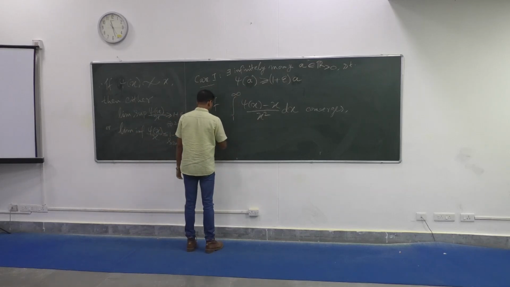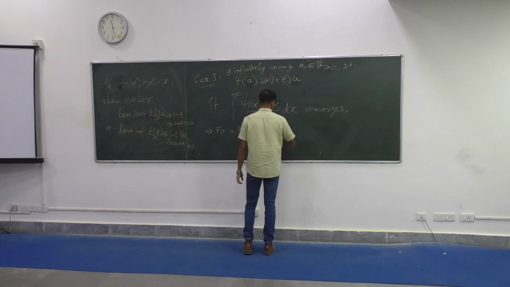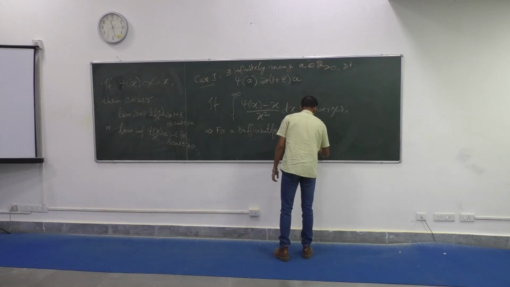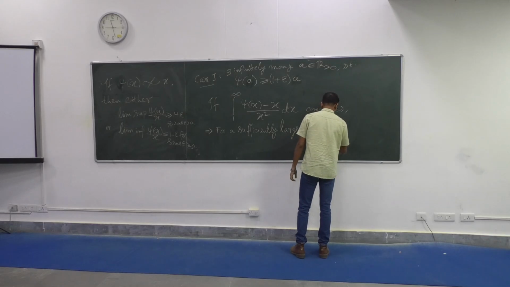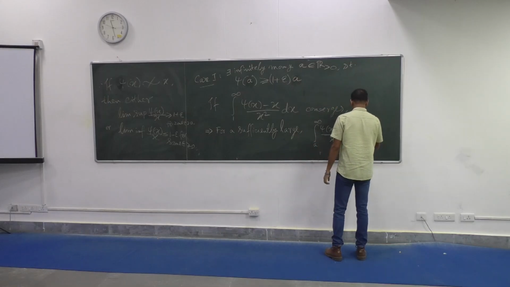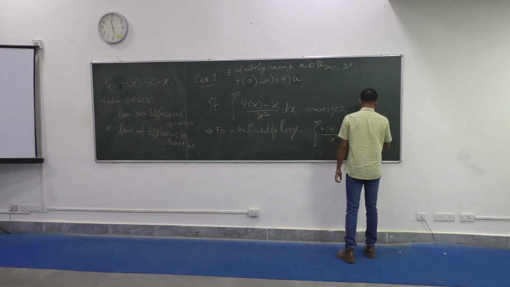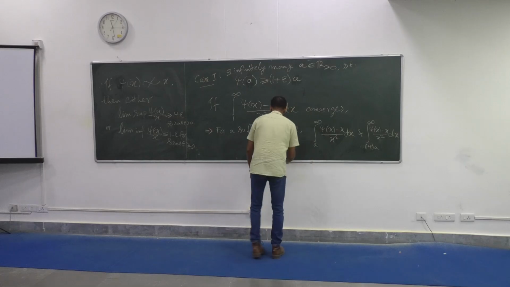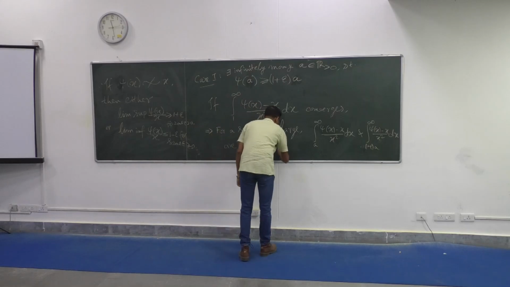That implies for sufficiently large a, the integral from a to infinity of (psi x minus x) by x squared dx, as well as the integral from 1 plus epsilon times a to infinity of (psi x minus x) by x squared dx, are as small as we wish.